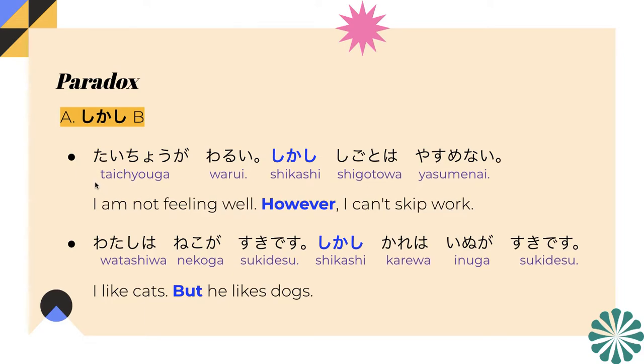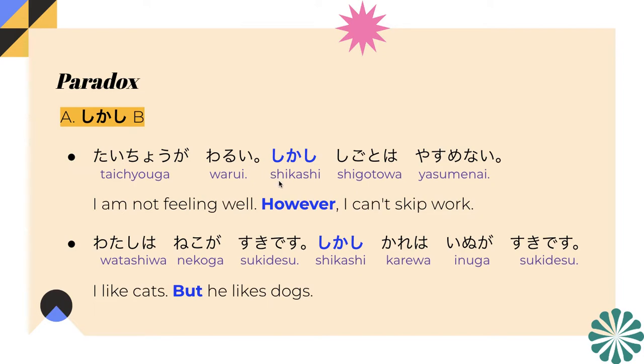So let's try to say this in Japanese. 体調が悪い。しかし、仕事は休めない。So, incident A, not feeling well.